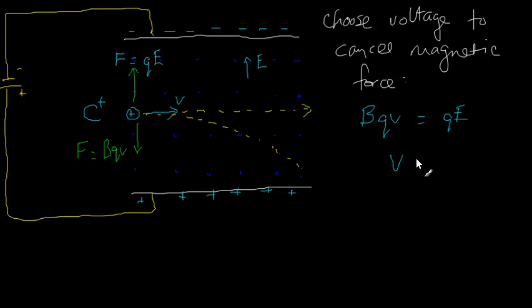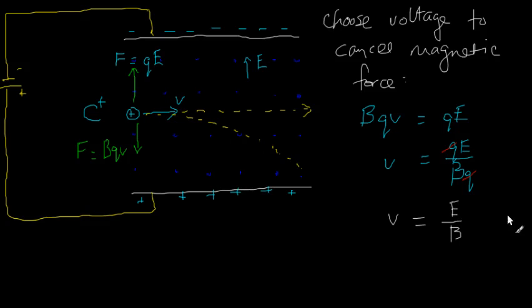This is not the voltage, this is the velocity of the particle. To make V the subject, I move B and Q over to the other side. So QE over BQ. Right, and you see that Q and Q cancel, and we have an equation for V. V equals E over B. We have a very simple equation.